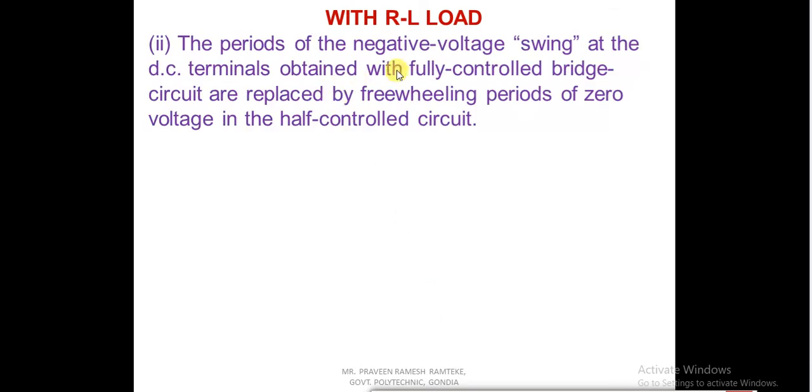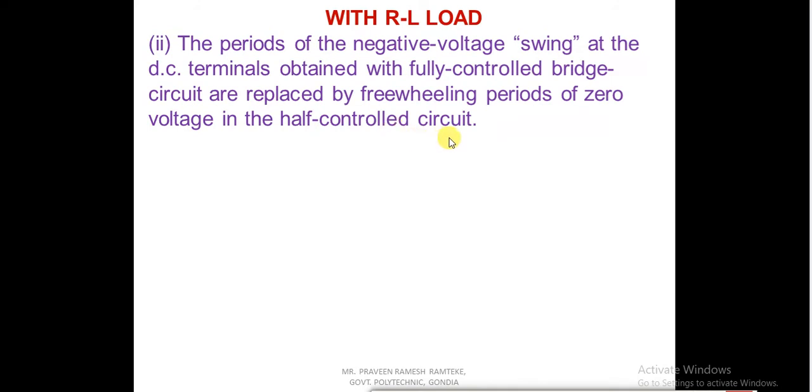The period of negative voltage swing at the DC terminals obtained with fully controlled bridge circuits are replaced by freewheeling periods of zero voltage in half control circuit.